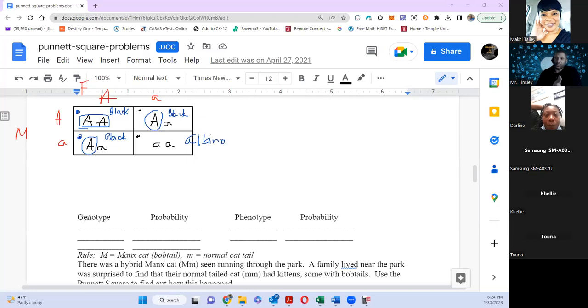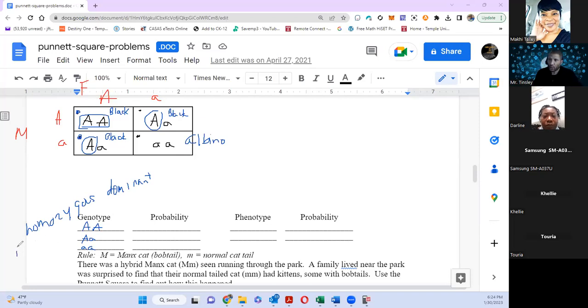So the genotypes, you got three different. You have capital A, capital A, which is two dominant, then a dominant and a recessive, and then you have two recessive. So this would be called homozygous dominant. Okay. Why? Because homo, they're the same.